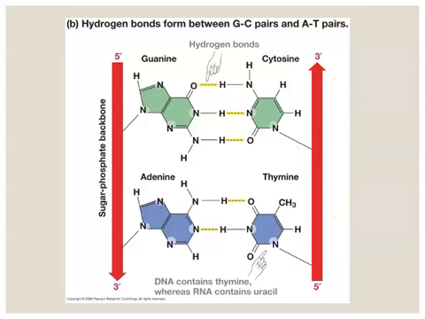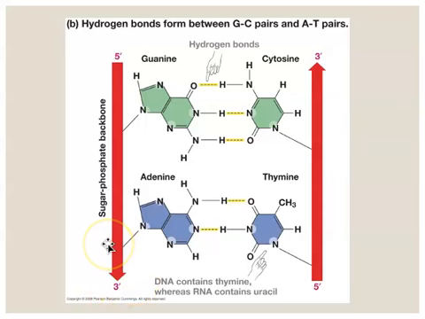Remember that when you bring two strands of DNA together, they are anti-parallel to each other. So one of the strands is going to have its 5' end here, and its 3' end here, for example. And the other strand will be anti-parallel. 5' carbon will be exposed here, 3' carbon will be exposed here.